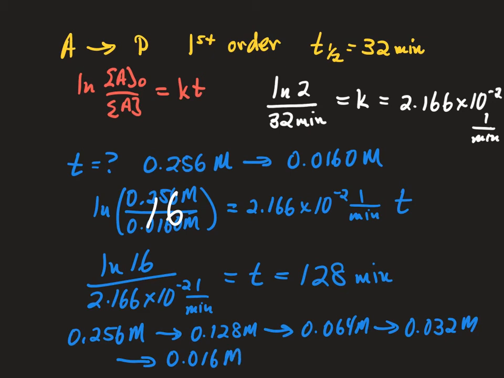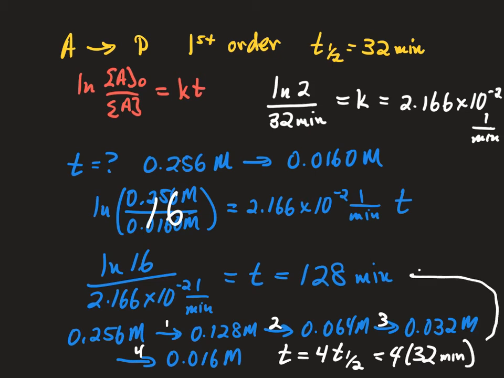We divided it in half 4 times: 1, 2, 3, 4. Therefore, our elapsed time will be equal to 4 times our half-life times, since the half-life time is independent of concentration for a first-order process. So 4 times 32 minutes was the same 128 minutes that we got before.